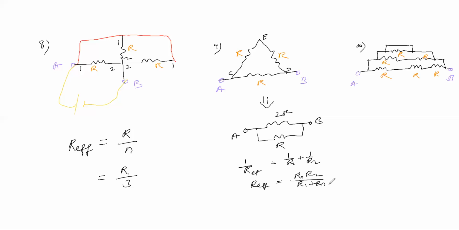By substituting the values, R1 is 2R and R2 is R, divided by 2R plus R. The numerator is 2R square and the denominator is 3R. Cancelling R, we get the effective resistance 2R by 3. Now we go to problem 10.